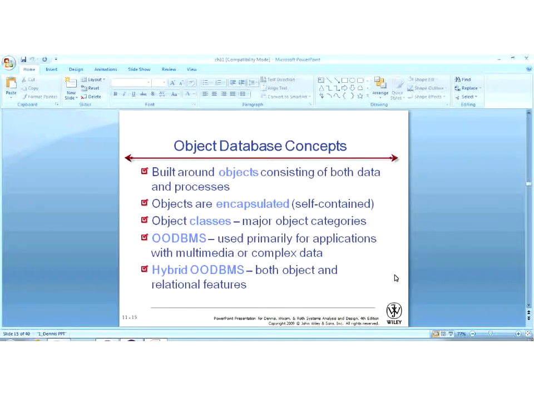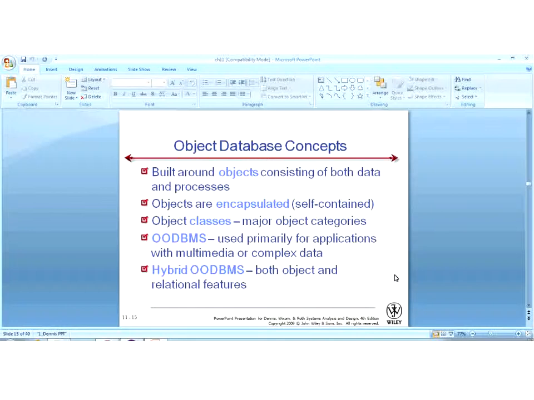Another type of database is the object database, which is built around objects, and each object contains certain attributes and certain functions. Objects are self-contained. You make object classes which identify the major object categories, and the database management systems which use an object database are called object-oriented database management systems.